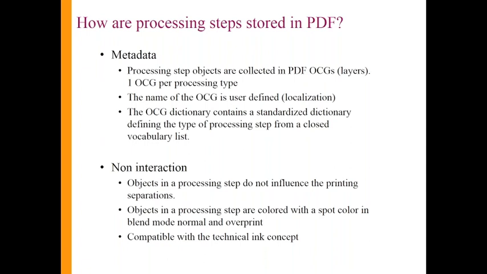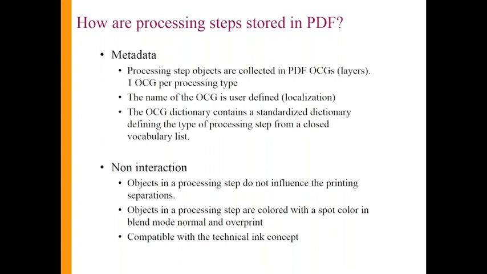You would not want to have your printing separations knocked out by the die contour. So there has to be a guarantee, when you switch on or off that optional content group for the cutting processing step, that the printing separations remain unchanged.